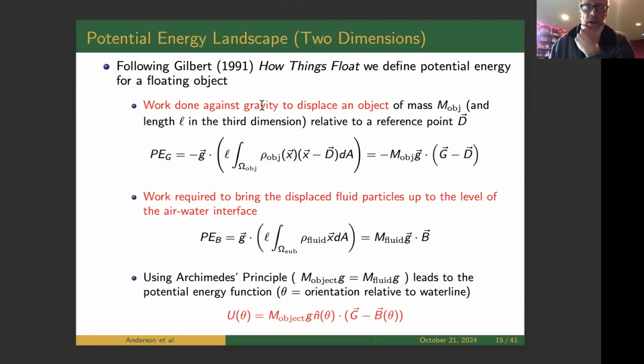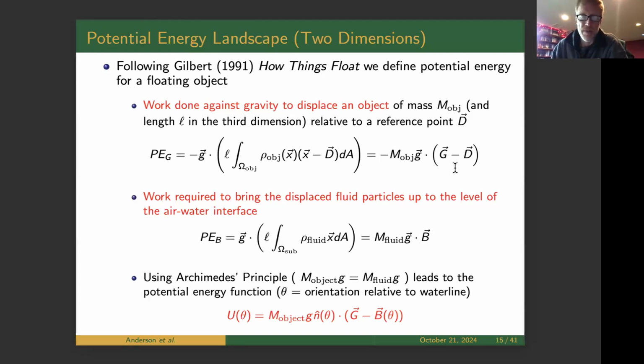So Gilbert, this paper I mentioned once already, showed that you could identify a potential energy function that was basically a function of orientation. I'm thinking here of a two-dimensional object, by thinking about two pieces of that contribution. So work done by gravity, work done against gravity to displace an object relative to some reference point.